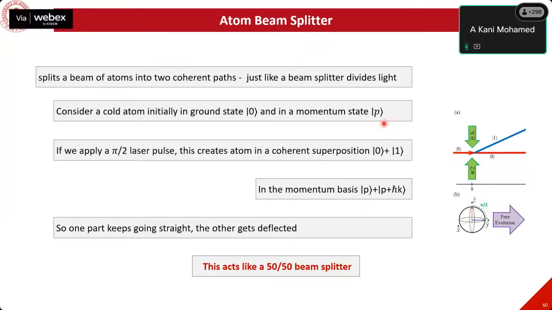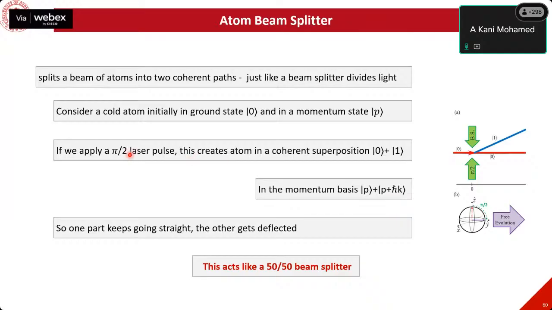Now if we look at the momentum basis, it is in the superposition of P and P plus H cross K. So we have created a coherent superposition of beams traveling in two different directions, with momentum P and P plus H cross K. One part of the atomic beam goes as it is, and another part gets deflected and goes in the direction P plus H cross K.